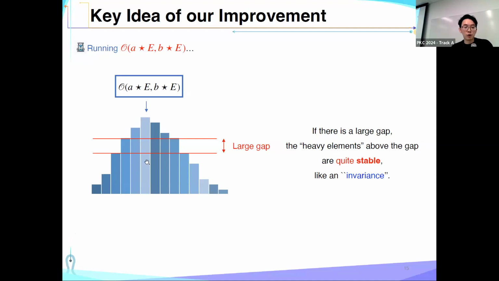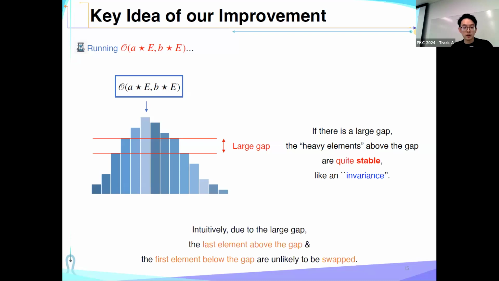This means that if you run the oracle sufficiently many times, the heavy elements above the gap will still be above the gap. So these heavy elements will just become like an invariant for this distribution.